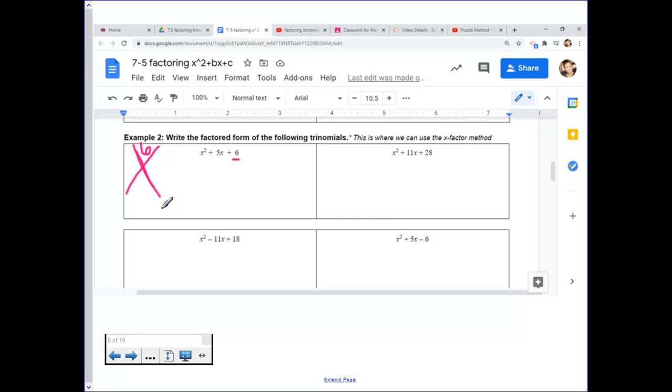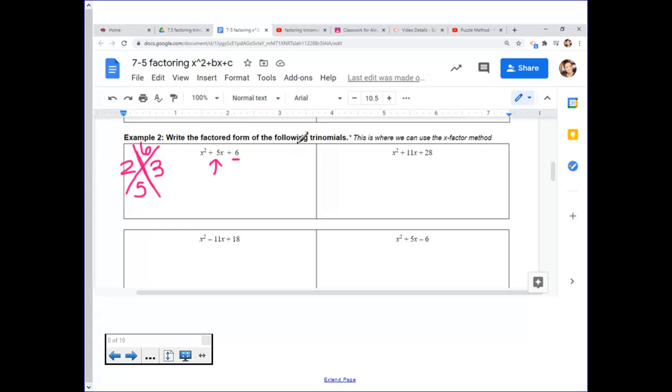We want two things that multiply to give me 6, and then the bottom number in your little X is this 5 right here. The last term tells you your first or your top number, and the middle term tells you your bottom number. So let's start thinking about two things that multiply to give me 6, but add to give me 5. That's okay. 2 and 3.